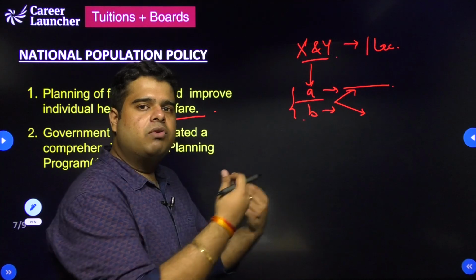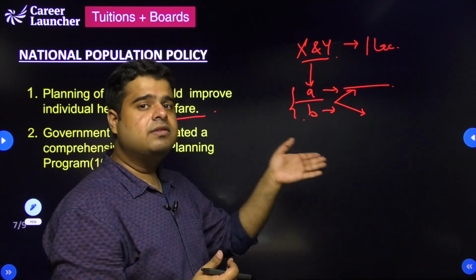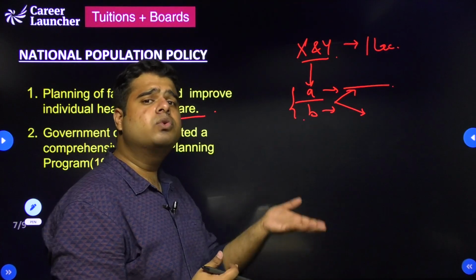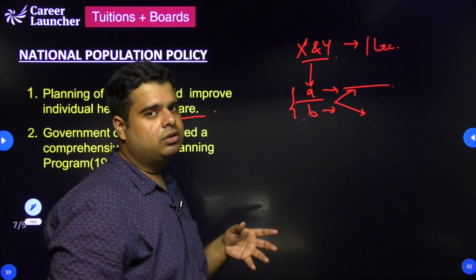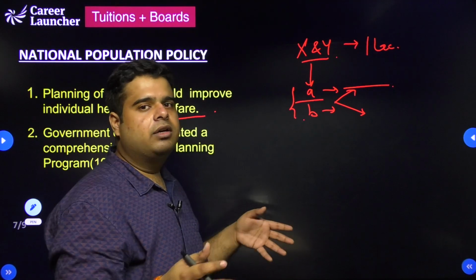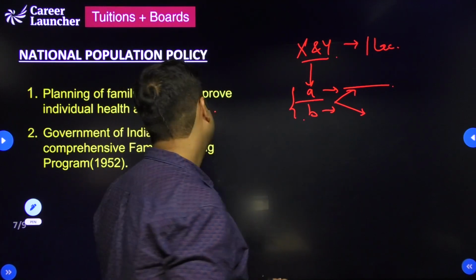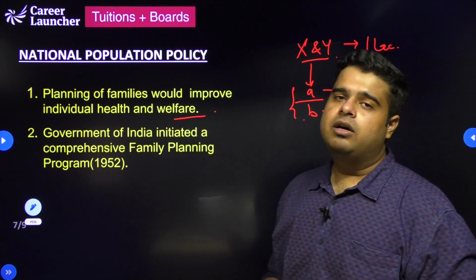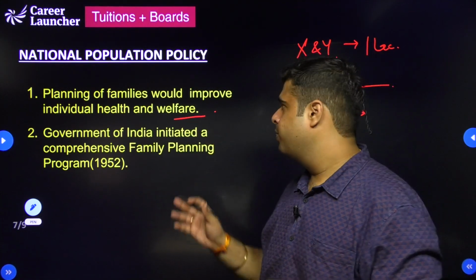Suppose he was a single child of the parents and they have their salaries increasing with time, so he will get a good school. But when there are 2 children, they will have to think about spending their money on both children equally, so that there is no discrimination among them. So this is what this policy means. It will provide improvement in the individual's health and welfare.